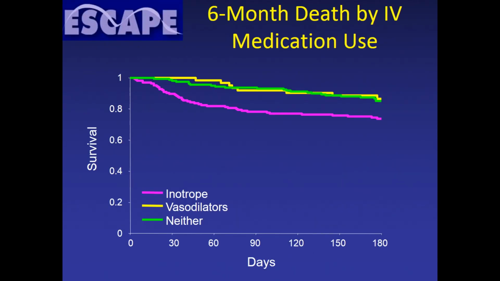In general, when there is a choice between use of vasodilators to augment cardiac output in cardiogenic shock and inotropes to achieve the same outcome, there seems to be a signal of benefit to use of vasodilators in preference to inotropes. And this is one of the other reasons that use of pulmonary artery catheters in patients with refractory shock might help you select therapies to improve outcomes in patients.